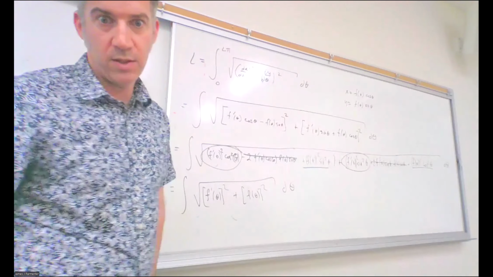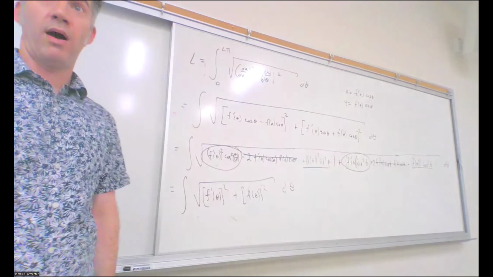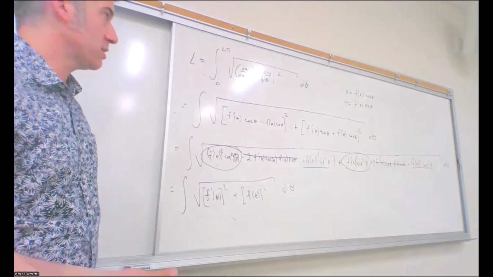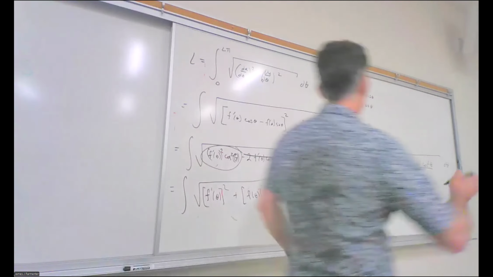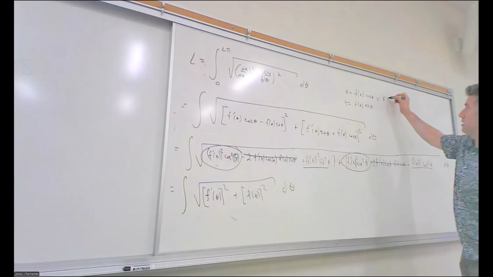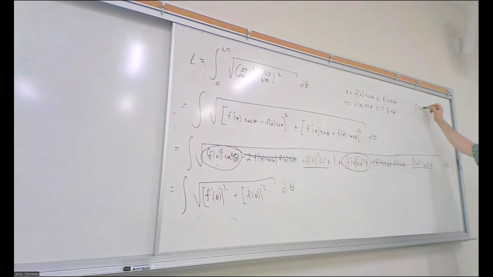Great. Okay, so the long and the short of it is, if you have x and y as polar equations, x equal to r cosine theta, y equal to r sine theta, and we're imagining f of theta is our r, and r is a function of theta. In this case, r equal to 1 plus sine.